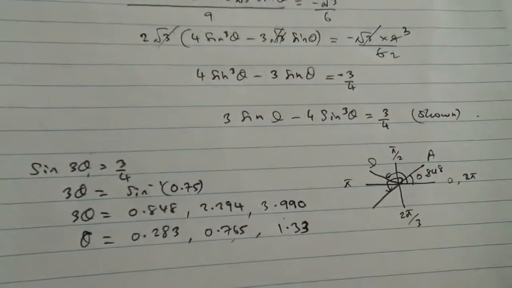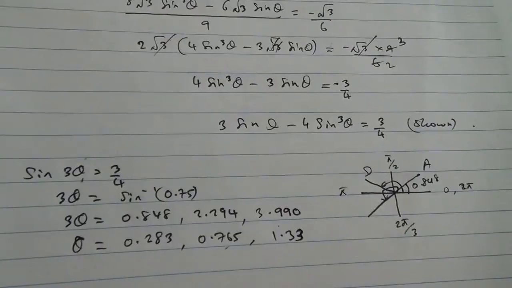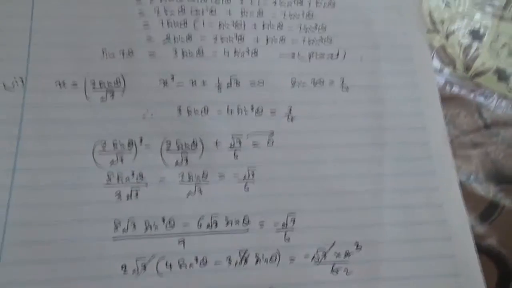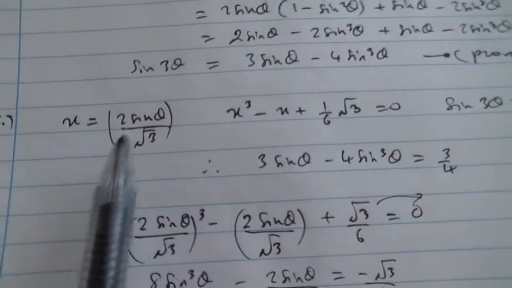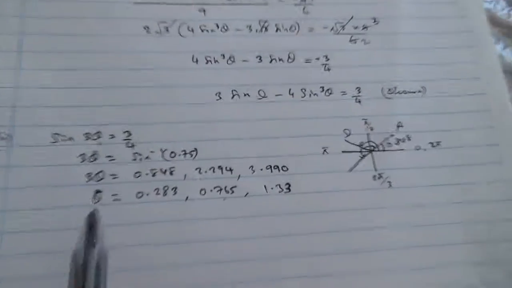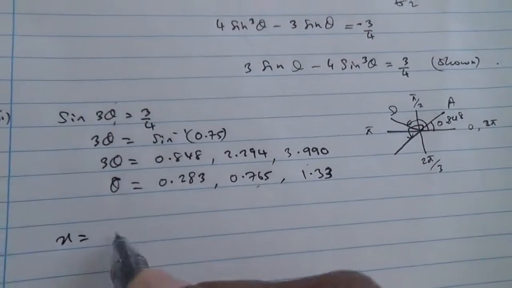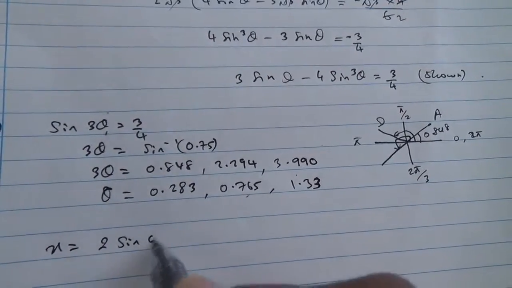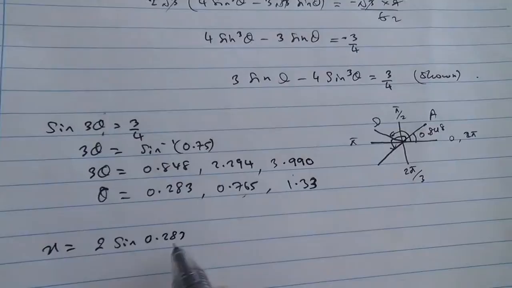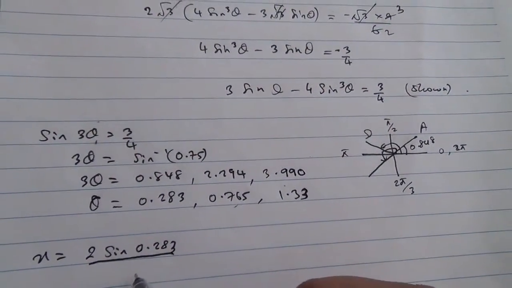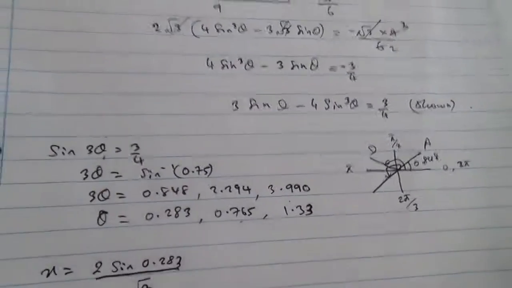But what is x? We were told that x is equal to 2 sine theta over root of 3. So the first value of x is going to be 2 sine of 0.283, divided by root of 3.